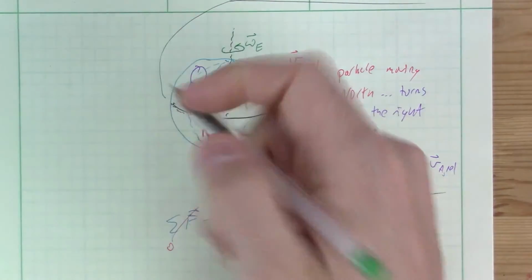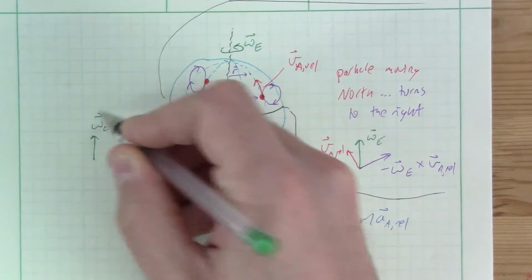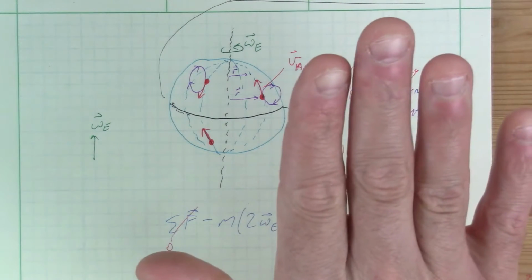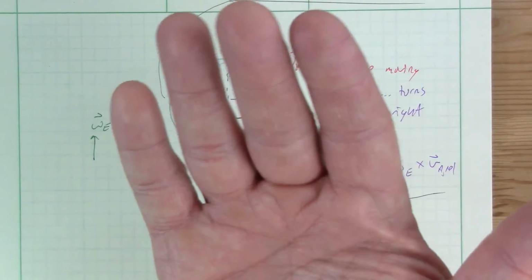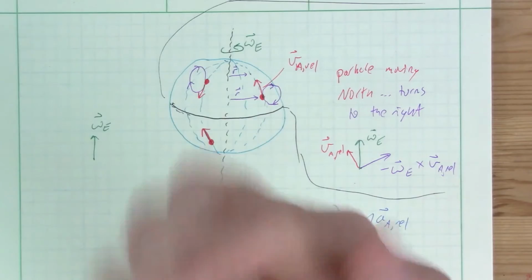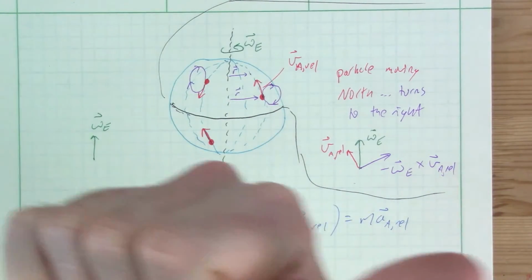We have omega E, now straight up and down from the right-hand rule, but now our velocity has to come a little bit outward. That now points away from the axis of rotation, so with the right-hand rule, point outward from the surface of the Earth.